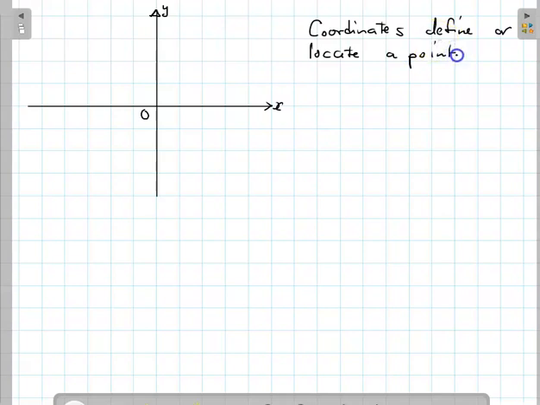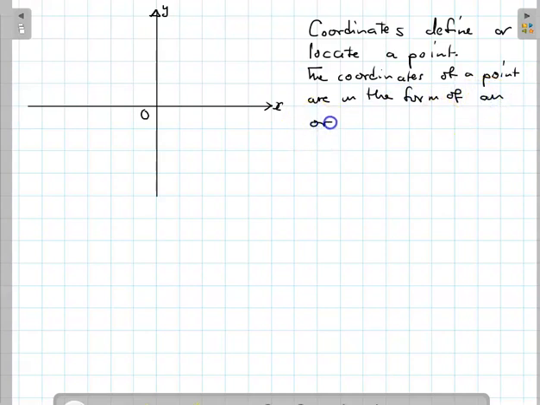So coordinates define or locate a point. The coordinates of a point are in the form of an ordered pair, and this ordered pair is (x; y).